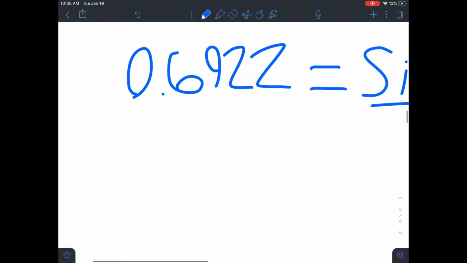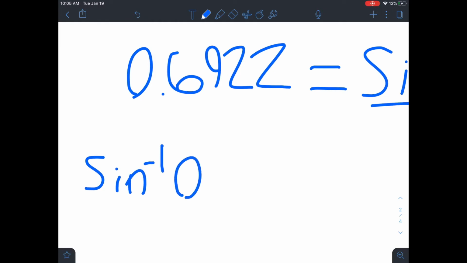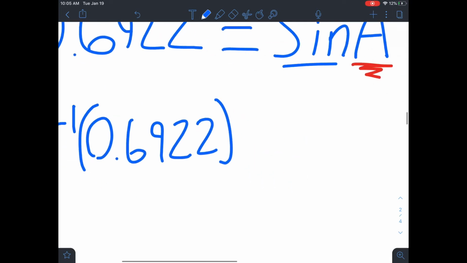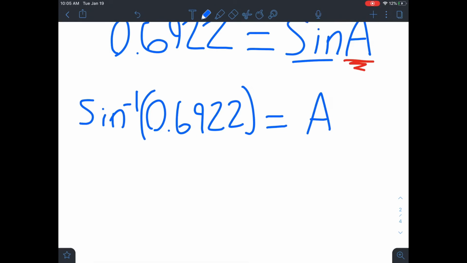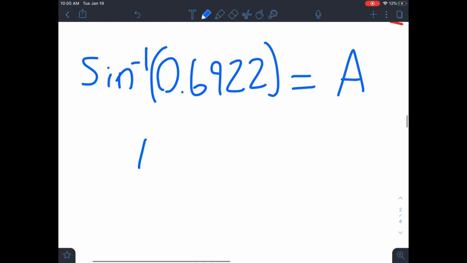If you divide out sine, it becomes sine -1 on the other side, equals A. So now, the way of typing this out in your calculator is just typing 0.6922, pressing shift or second, looking for sine, and if you press sine while in shift mode, it will do sine -1, which will give you your final answer.